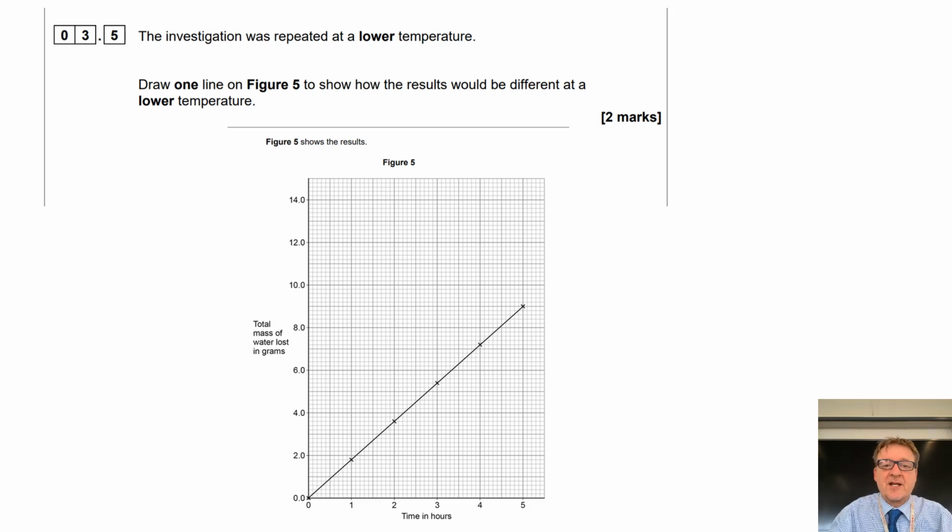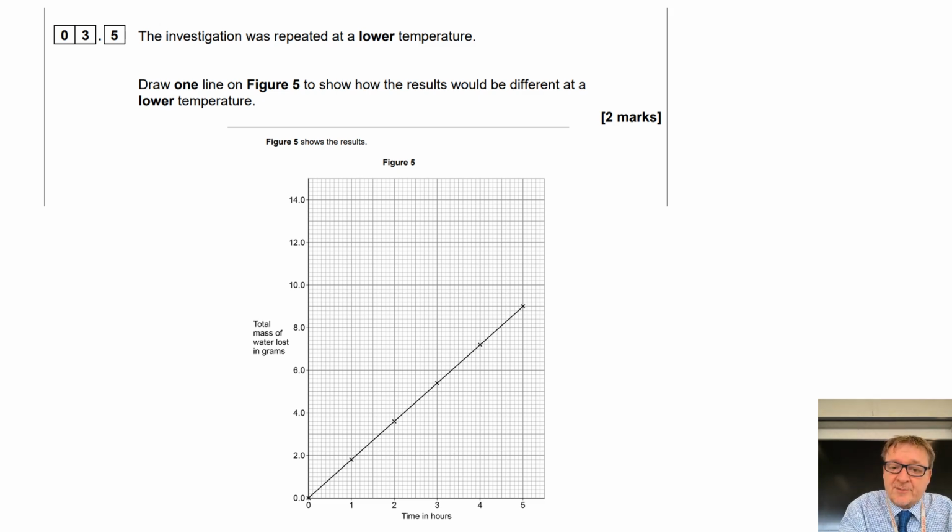3.5. Investigation was repeated at a lower temperature. Draw one line on figure 5 to show how the results would be different at a lower temperature. So logically, we've got lower temperature, therefore there's going to be less water lost. So total mass of water lost in grams is going to be less.